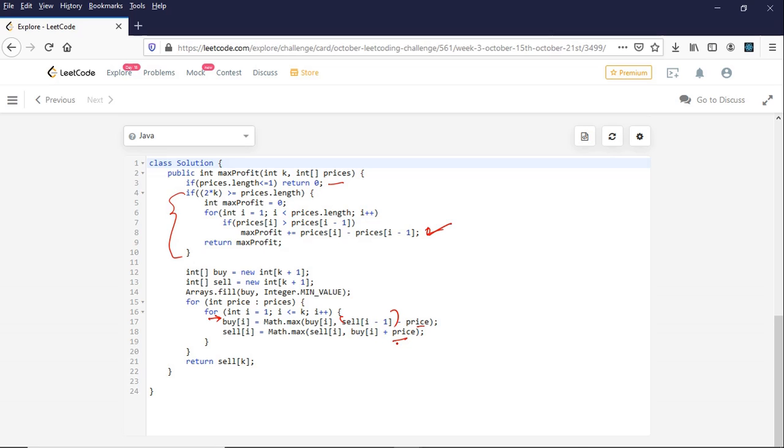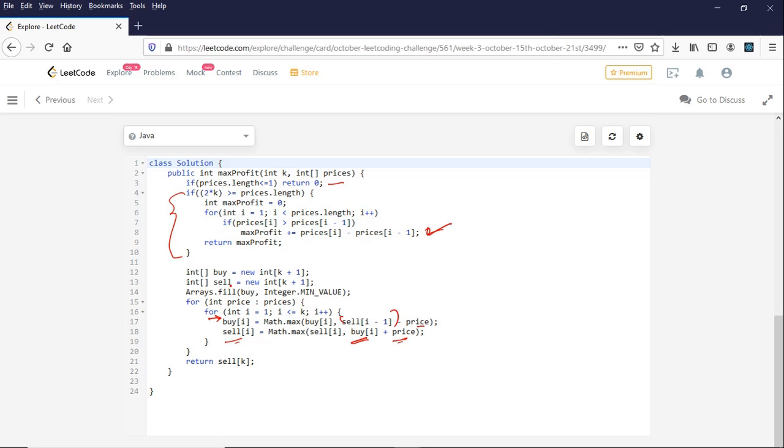If I am selling at my current price, that price gets added to my previous buy value. So here I am doing buy[i] plus price, and at the end sell[k] will have the final profit. So this is the simple algorithm for this particular approach.